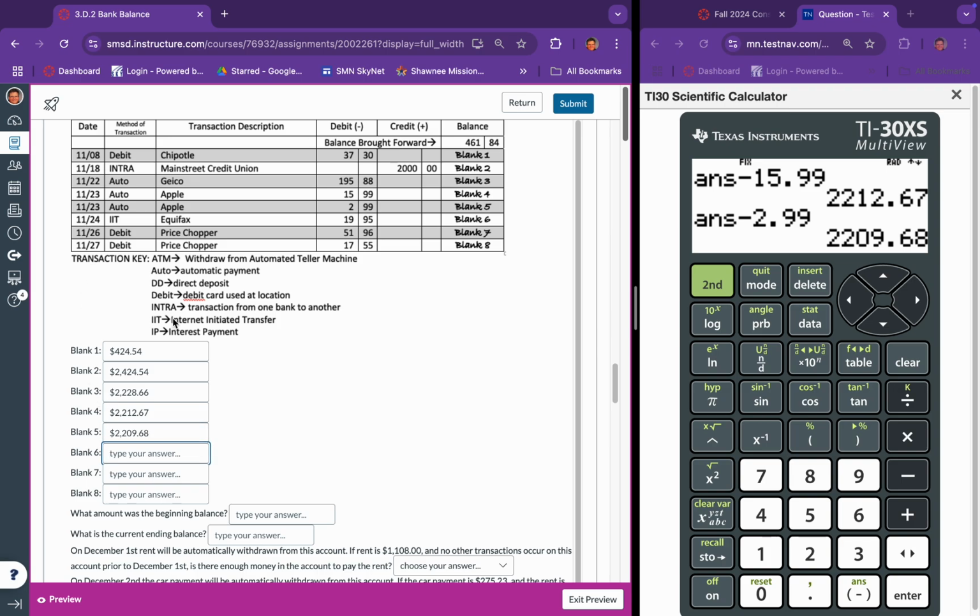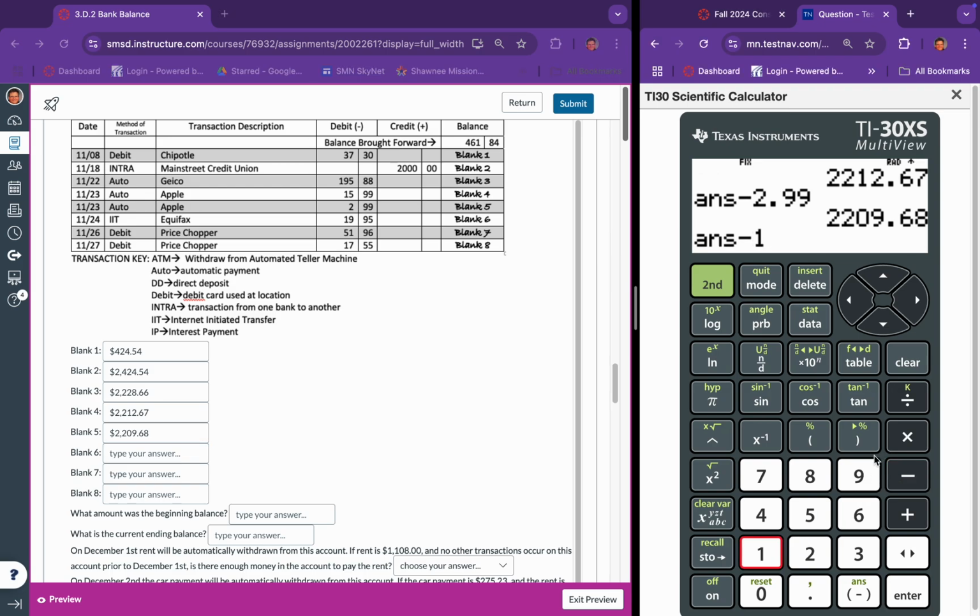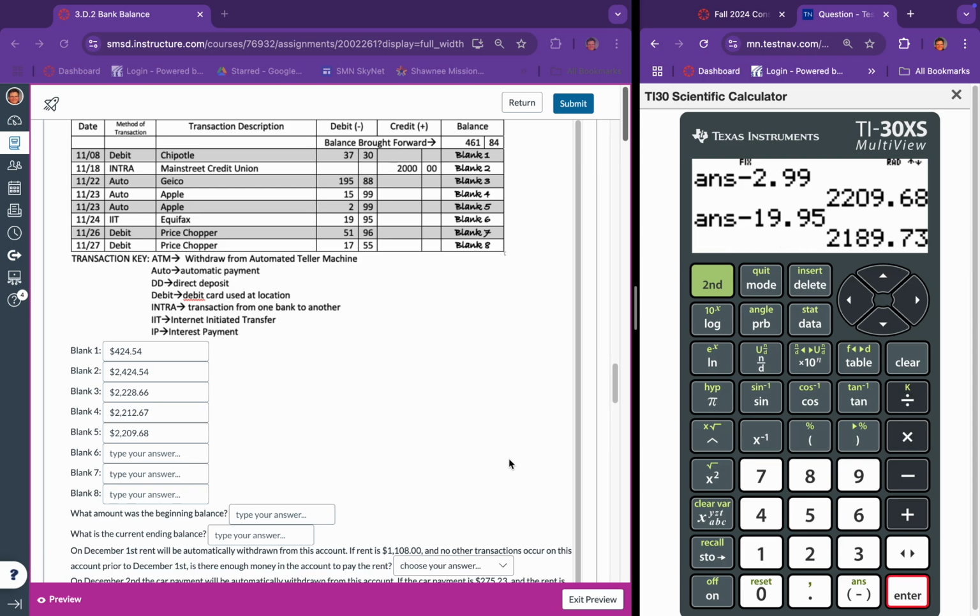Then the next day, you had an internet-initiated transfer, so you moved money from your account to Equifax in the amount of $19.95. So you're going to subtract $19.95 from your account.